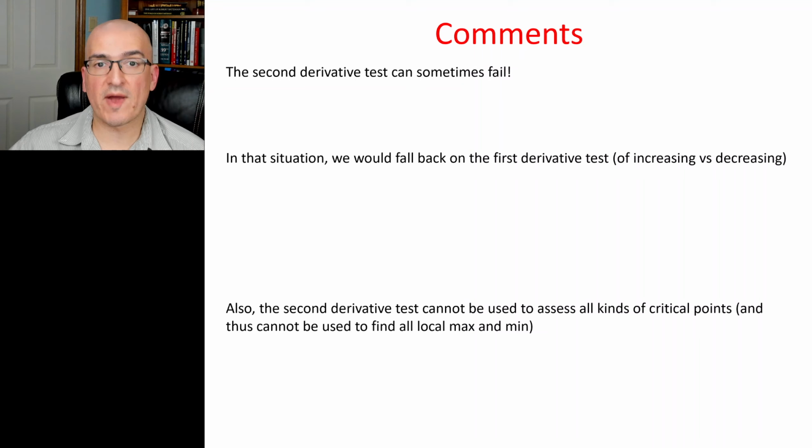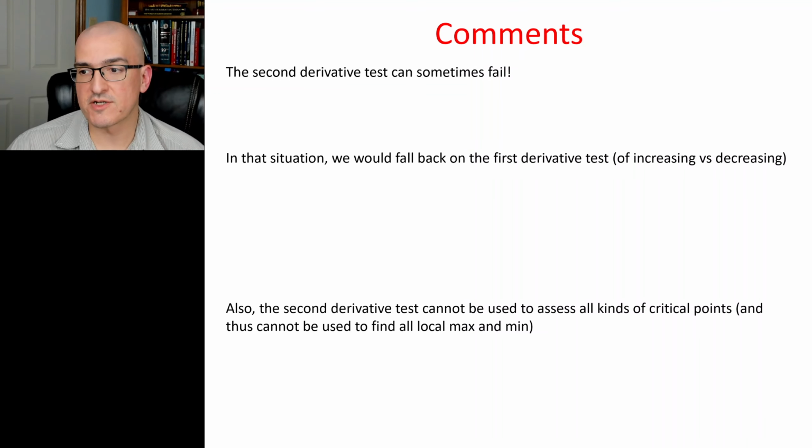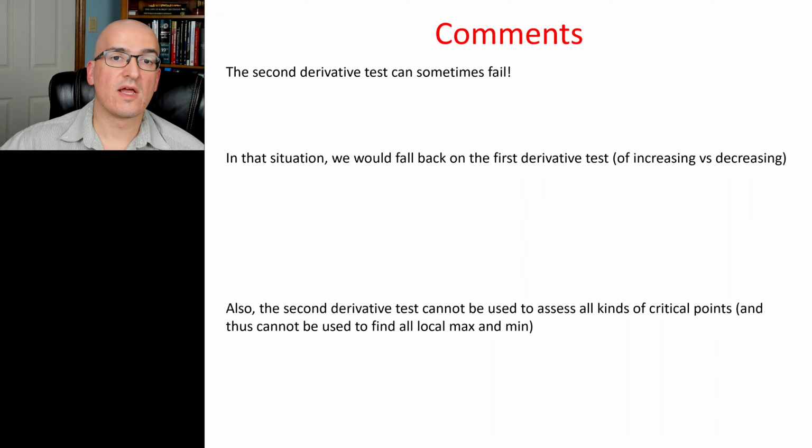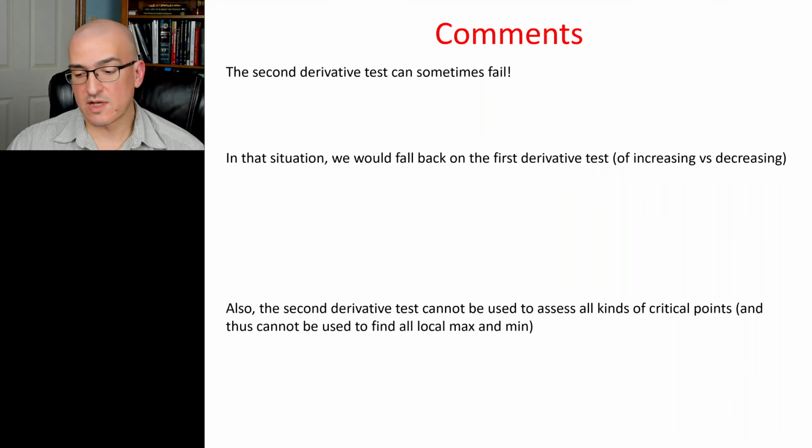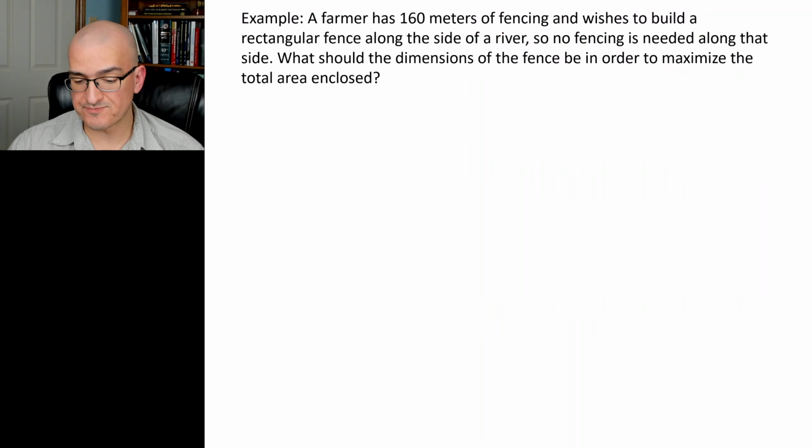In that case, you'd go back to the first derivative test and check if it's increasing and decreasing on either side of that critical number. And again, also that it doesn't catch all of them. This process, we didn't check for where the first derivative doesn't exist. Now, for a polynomial, that's not going to give us solutions, but for other types of functions, it might. Just something to be aware of in general.